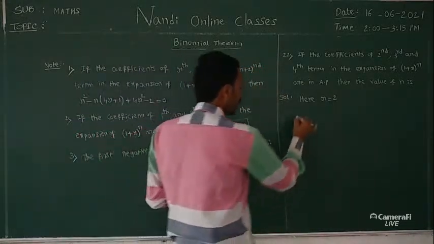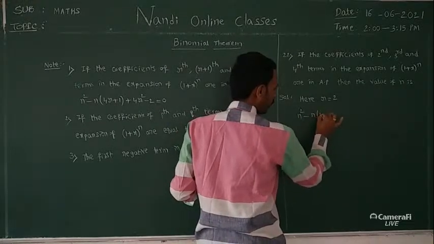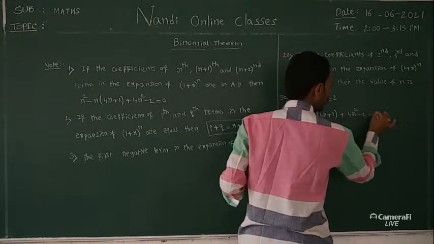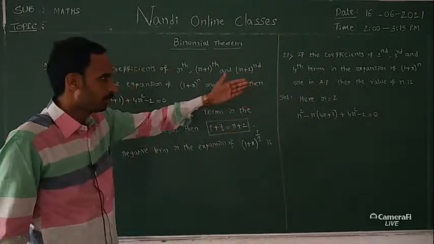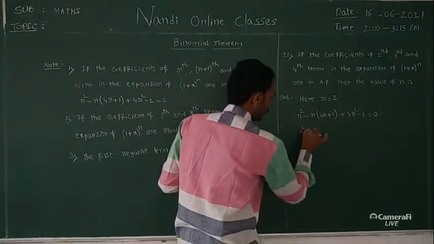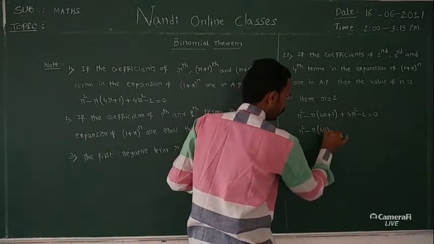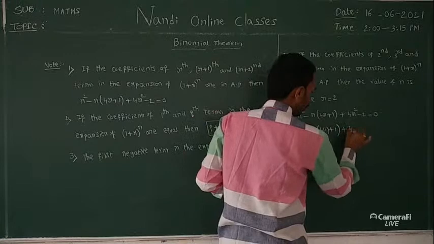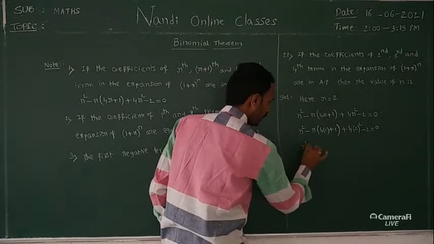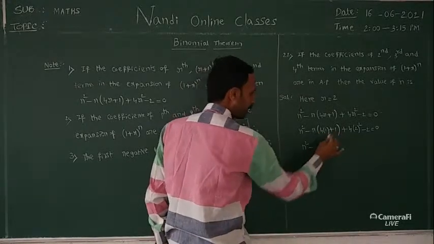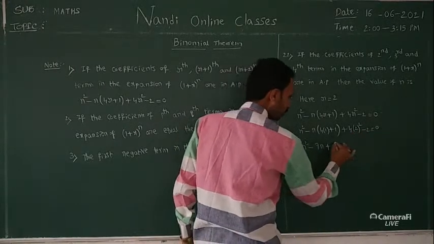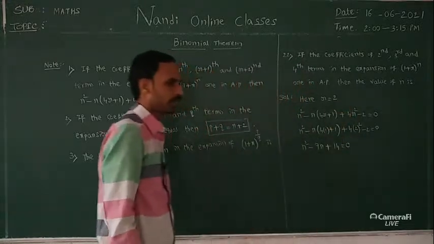Write the formula: n square minus n into 4r plus 1 plus 4r square minus 2 is equal to 0. Substitute r value 2, you will get the n value. n square minus n into 4 into 2 plus 1 plus 4 into 2 square minus 2 is equal to 0. Then you will get n square minus 9n plus 14 is equal to 0.